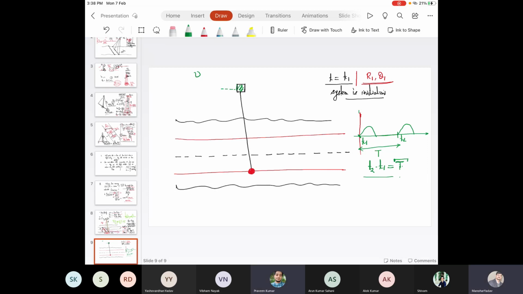In a capital time t, how much distance will that object cover? Let's say you are running at a speed of v. In a time t, how much distance can you run?